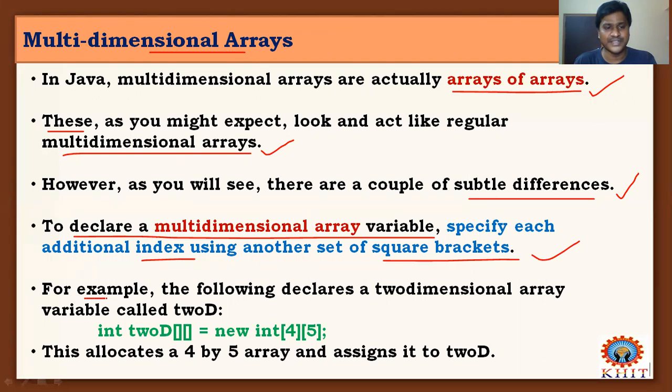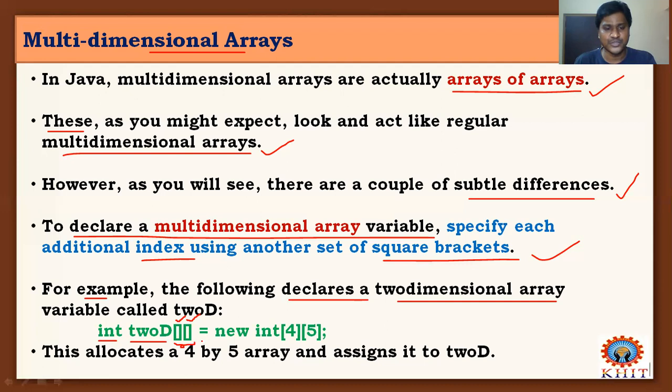For example, the following declares a two-dimensional array. The name of the two-dimensional array is twoD, and here we use two sets of square brackets, indicating the first dimension size and the second dimension size for this integer two-dimensional array.